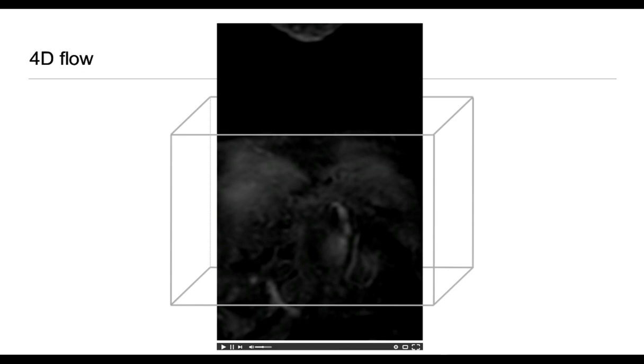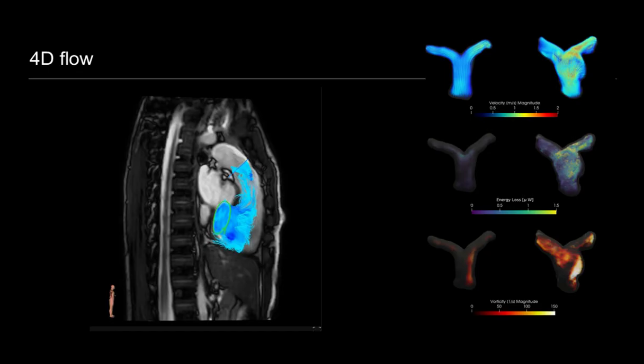And what we see right here is a visualization of the information that is obtained with such sequences. So what we can see right here on the left is a visualization of flow through the tricuspid valve and then into the right ventricle and the right ventricular outflow tract and the pulmonary artery. And on the right part of the slide, you see a normal pulmonary artery and left and right pulmonary arteries after the bifurcation, with different parameters that can be calculated, such as the velocity or the energy loss or vorticity formation in the pulmonary vessels.